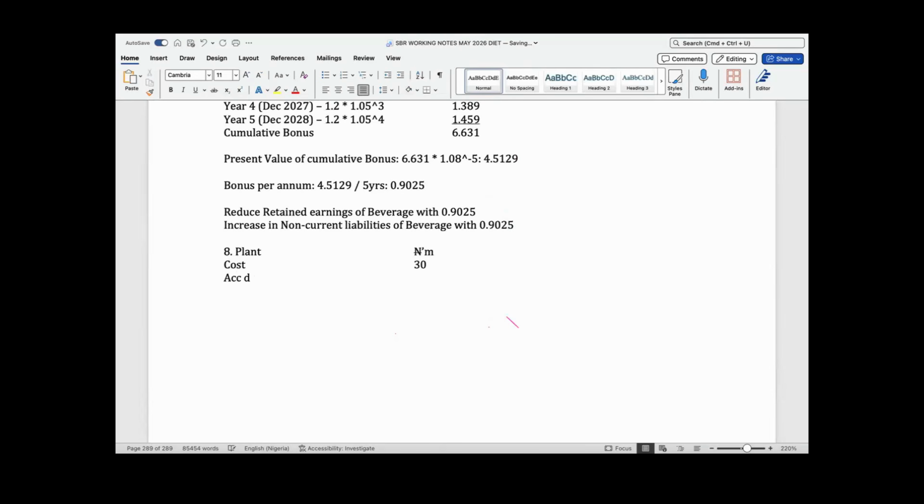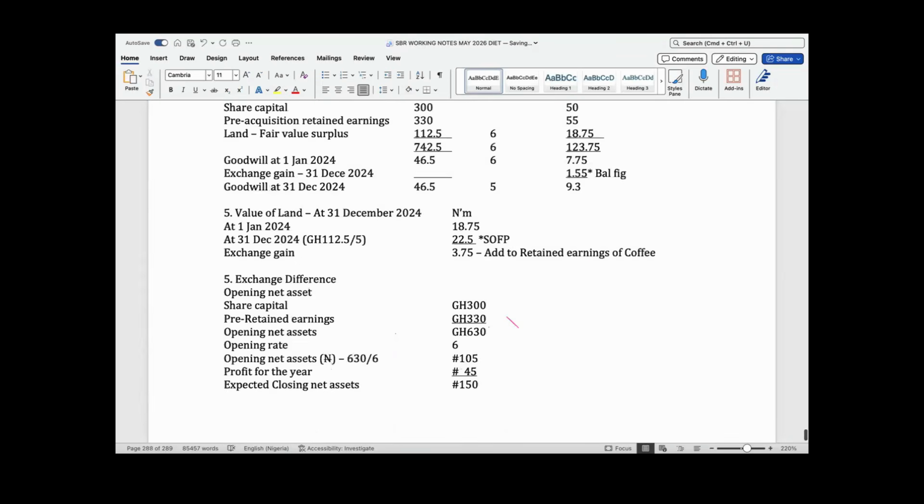They will have calculated accumulated depreciation of 30 million divided by, so what is depreciation per annum, sir? Divided by how many years of useful life? Is it 20 years? No, 6 years. I think that's 6 years.